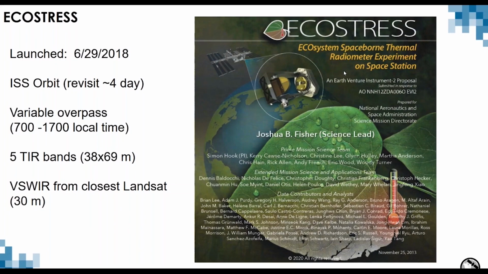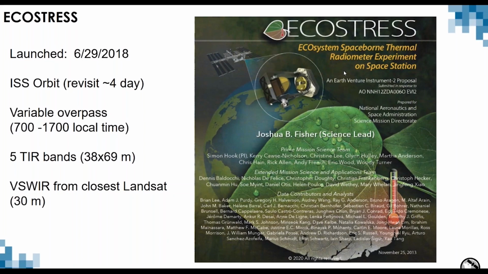Because of the orbit, we only get coverage from about 50 south to 50 north in latitude, and we get more frequent observations over a belt from 40 to 50 degrees of latitude. So it's an interesting orbit, and it gives us more information than we get from the thermal information from Landsat.